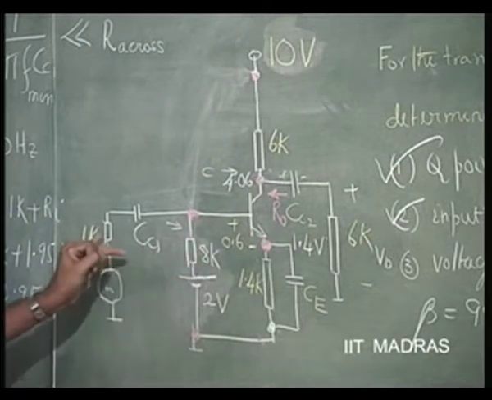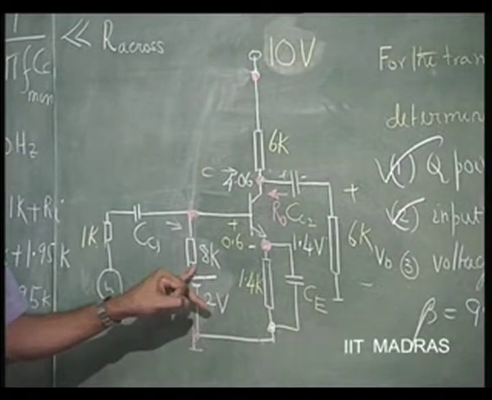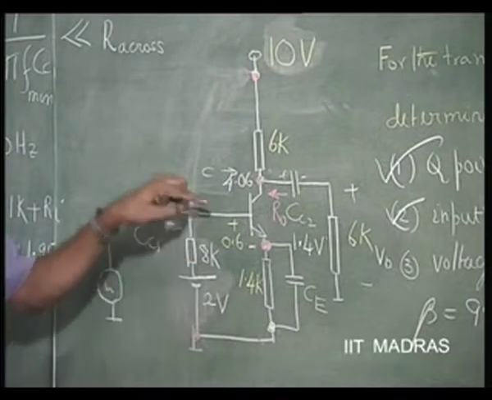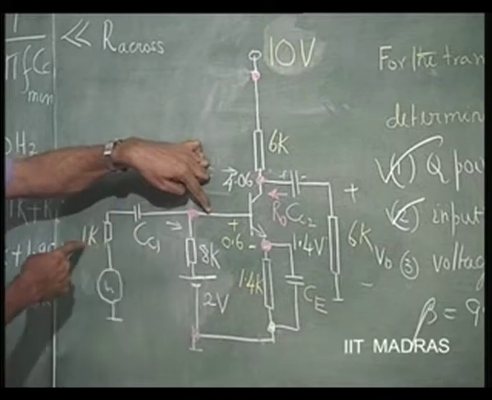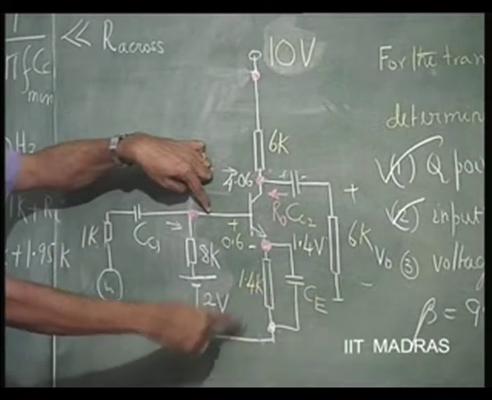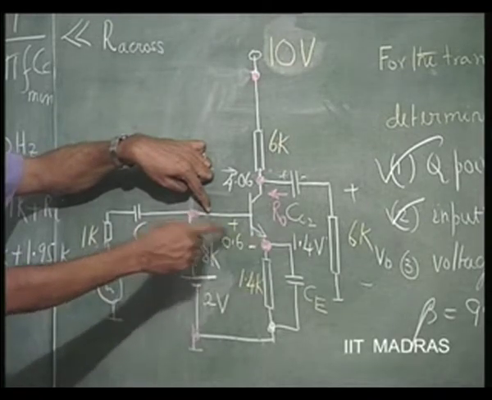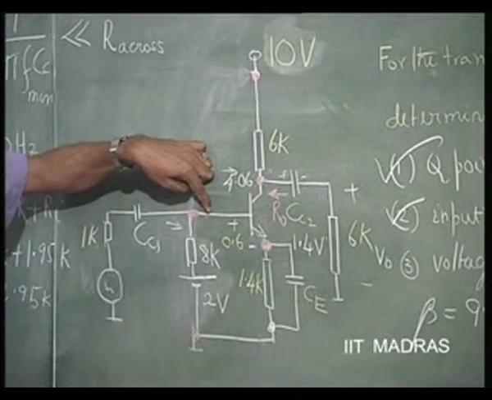Then you come here, 8 k parallel 1 k divided by beta plus 1. Effective resistance from here to ground is 8 k parallel 1 k, that divided by beta plus 1, because the relationship between this current and this current, they vary by a factor of beta plus 1.